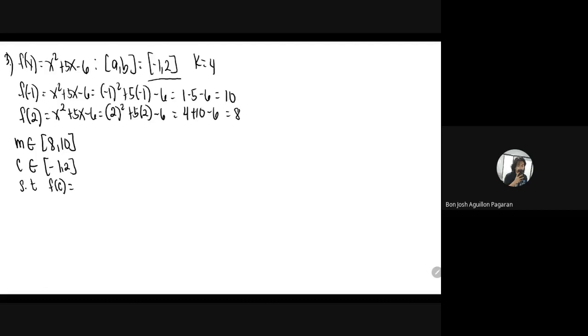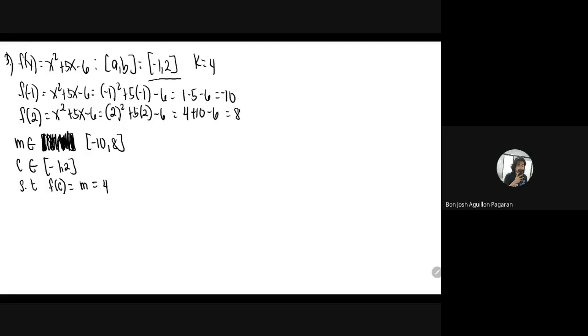is equal to, yes, negative 10. Oo nga, no? So, therefore, dapat ito ay magiging negative 10, 8. Tama. Thank you for that. Such that f of C is equal to m and our f of C is equal to 4.